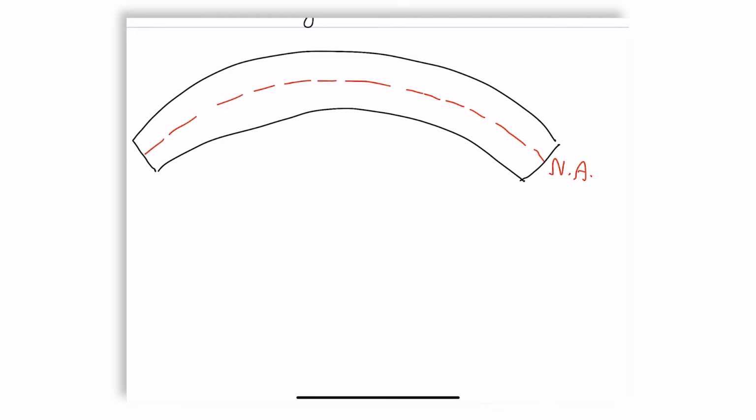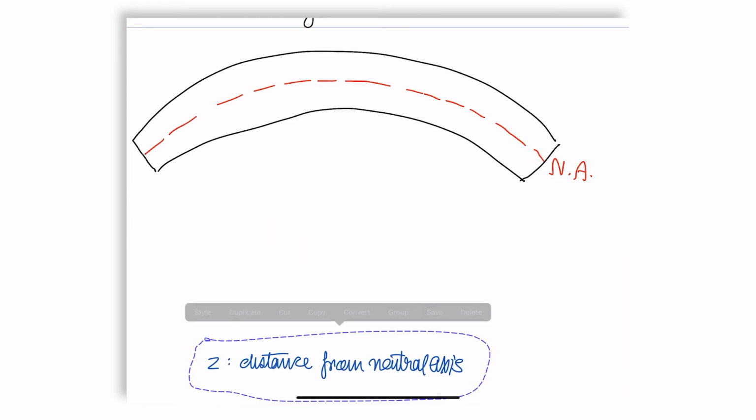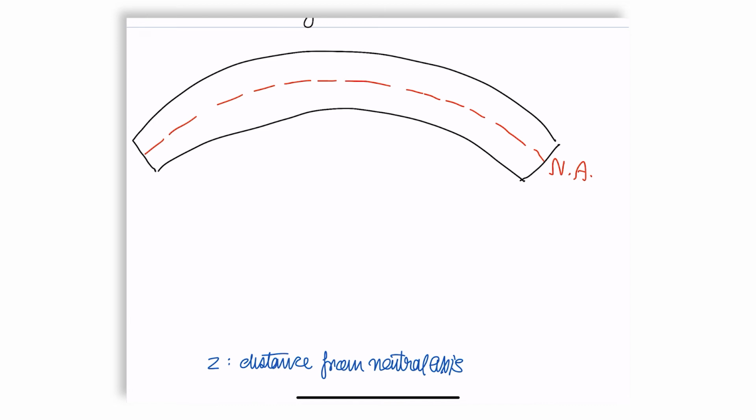And indeed, I can say that the distance from the neutral axis, Z, is going to define what is going to happen to the beam as I bend. Perhaps I need to move this text a bit down below, because I needed to also draw something else, which I forgot.